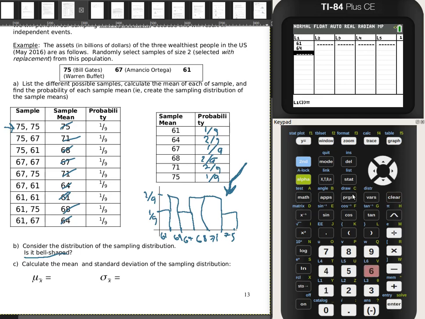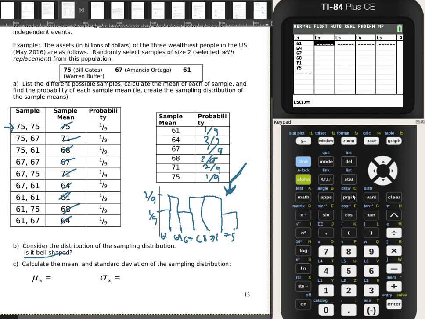So we can go in here with our first bit of stuff. I'm going in here with the means into list 1. It goes 68, and then 71, and then 75.